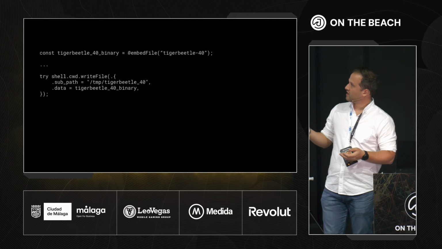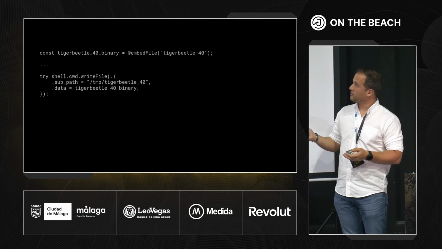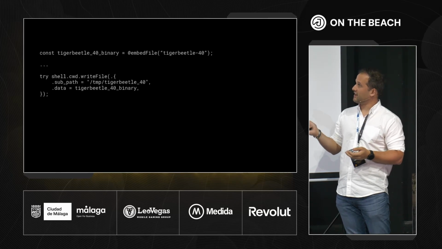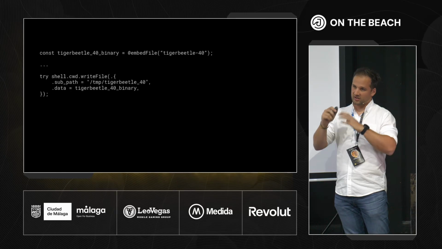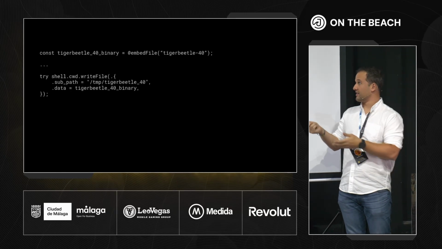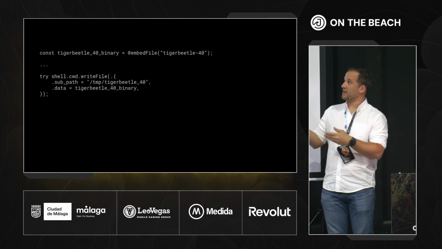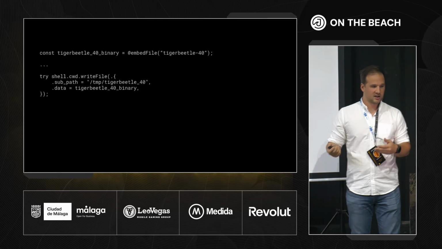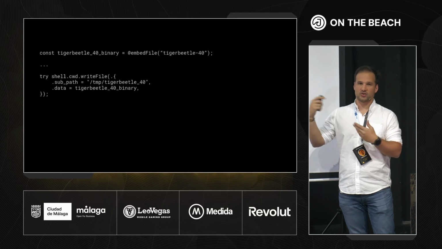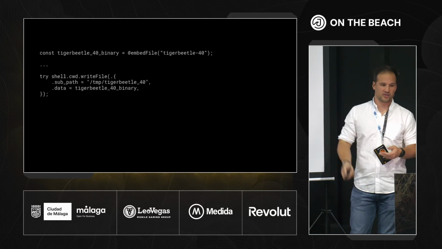Zig has this very cool @embedFile compiler builtin. This will give you the content of a file on disk as just a constant char string. So you could theoretically have your binary, load it in, and then write it out to a file. If you've used anything like GIMP's save as .h or .c file, this allows you to do the same thing really easily.